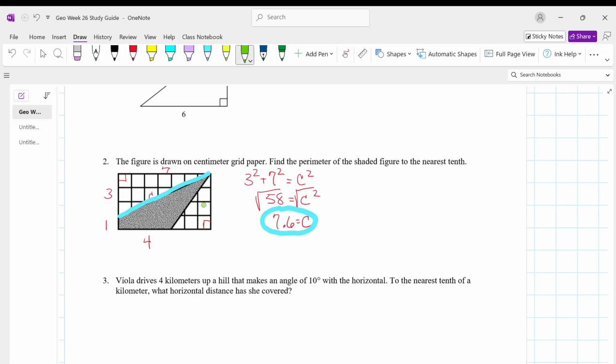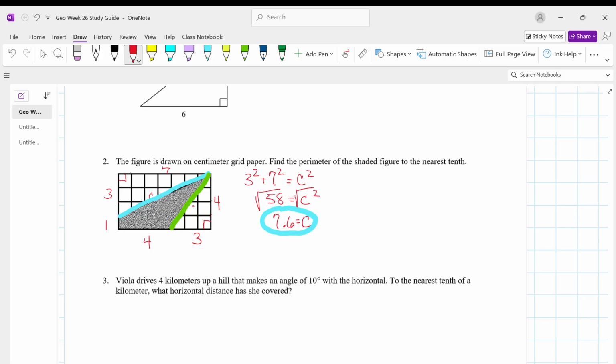Now we're going to find the length of this green side, this hypotenuse. That is the hypotenuse for this right triangle over here on the right that has a bottom leg of 1, 2, 3 and a vertical leg of 1, 2, 3, 4.